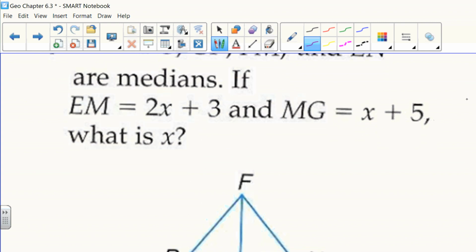If EM is 2x plus 3 and MG is x plus 5, what is x? So let's see here. MG is x plus 5. EM is 2x plus 3, and we know that point O is a centroid.